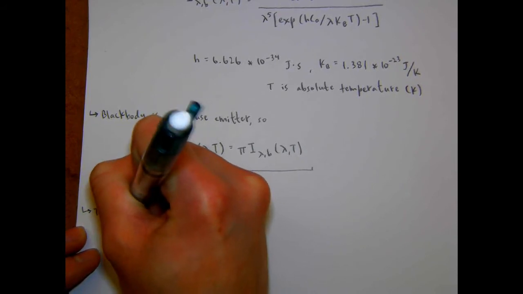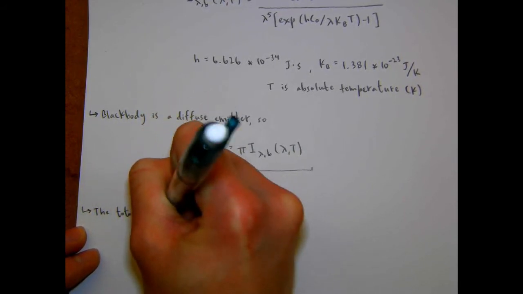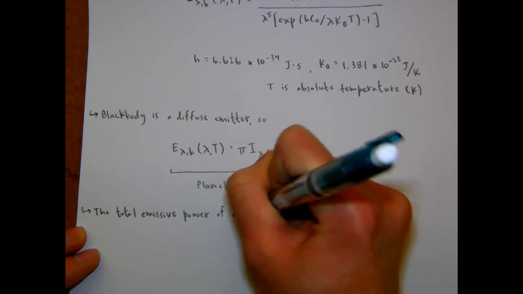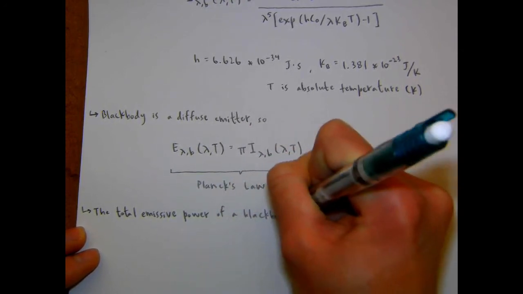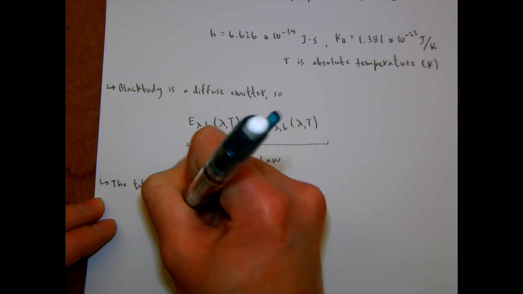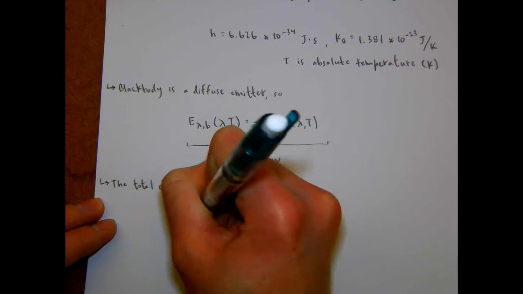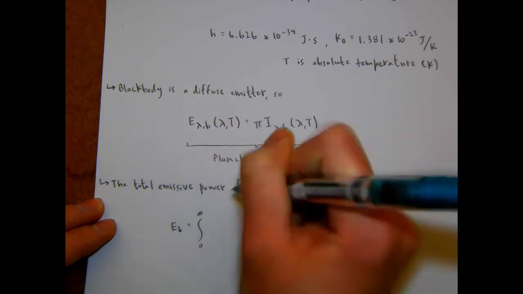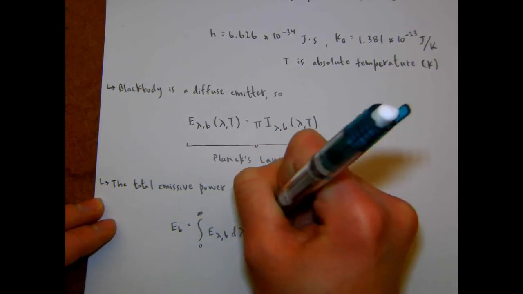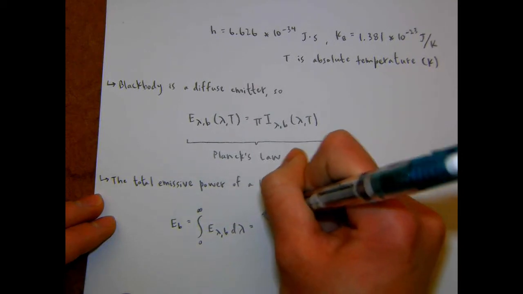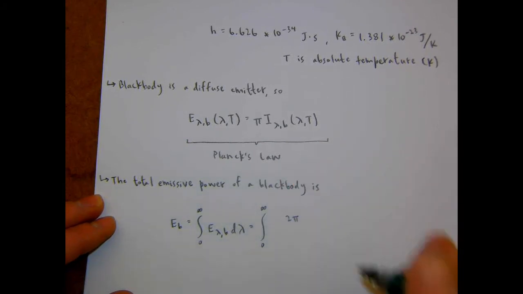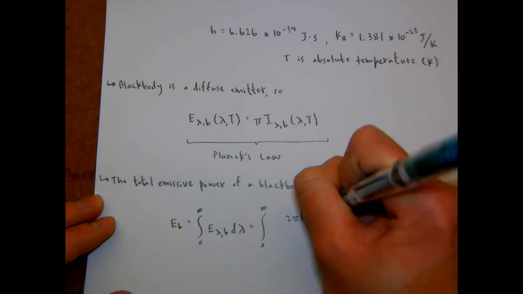So the total emissive power is the spectral emissivity integrated over all wavelengths, so again, it's just pi times the expression for the spectral intensity.